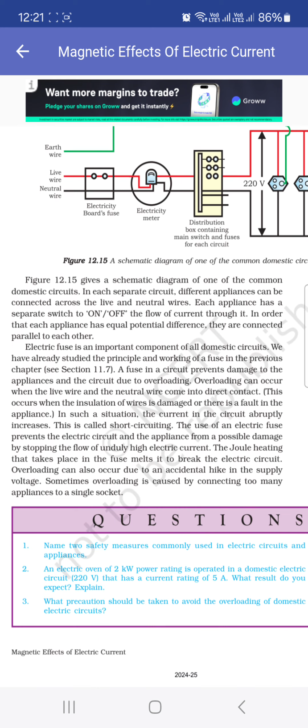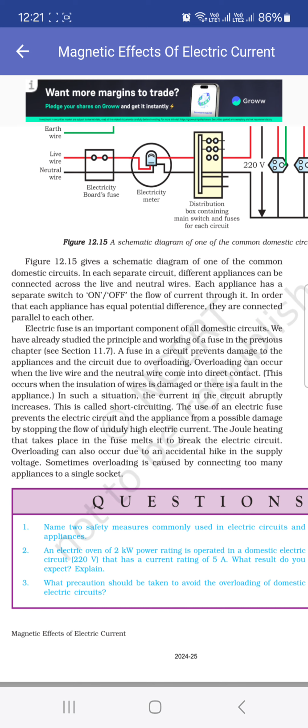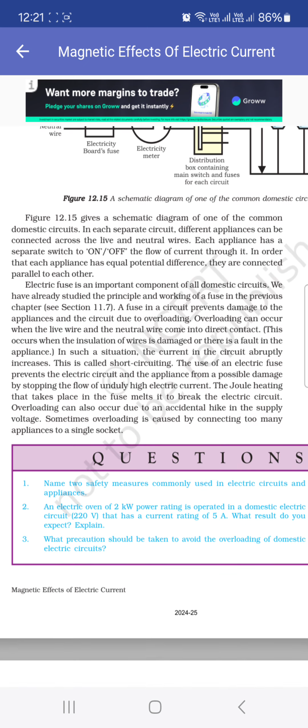A fuse in a circuit prevents damage to the appliances and the circuit due to overloading. Overloading can occur when the live wire and neutral wire come into direct contact.